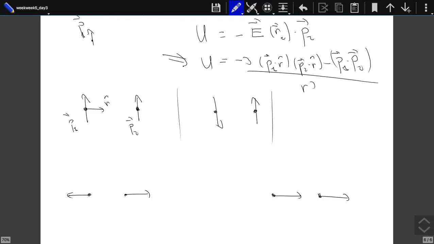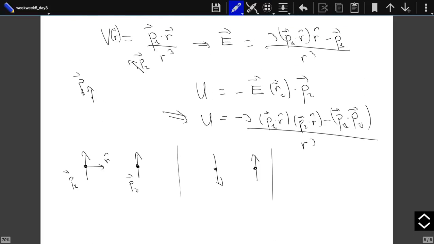Here I have the expression of the energy, so I know which terms I should calculate. Now for this configuration, what is P1 dot R hat? 0, they are orthogonal. And so I only receive a contribution from this minus E is outside. So the only contribution I get is from the last term. What is P1 dot P2?